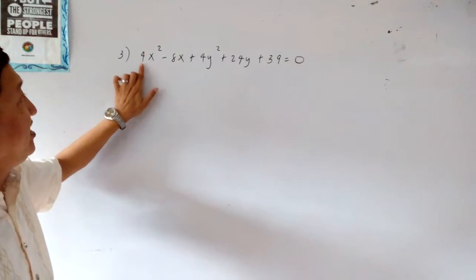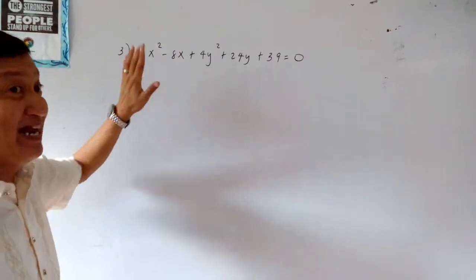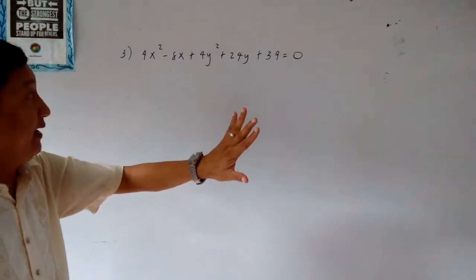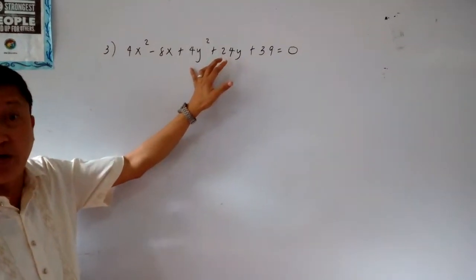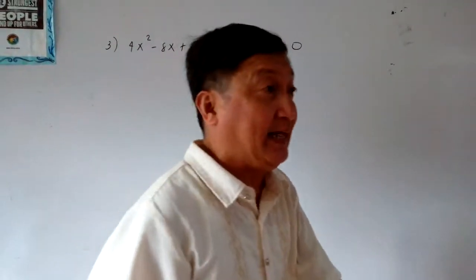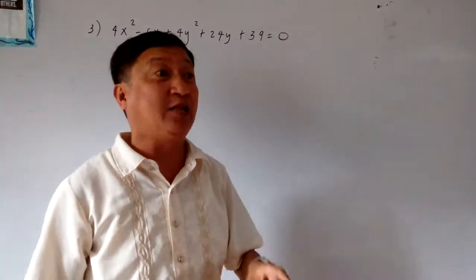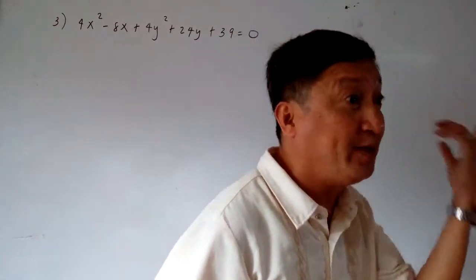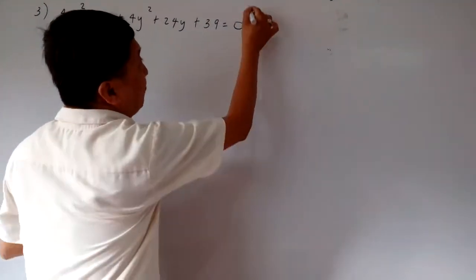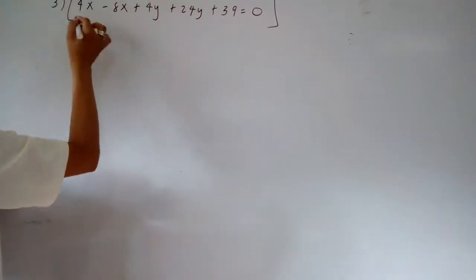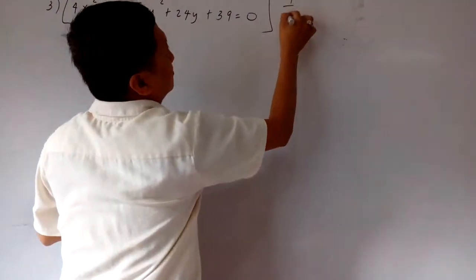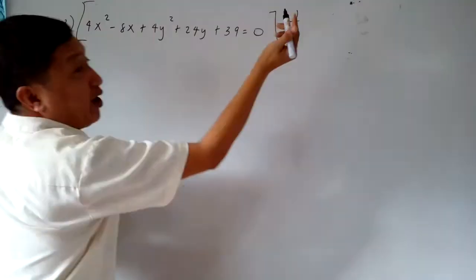So, the coefficient of x squared is 4, not equal to 1. And even the y squared is 4. So what do we do first? Make the coefficient of x squared and y squared equal to 1. How do we do that? We multiply both sides by 1/4, or divide each term by 4 if you want.